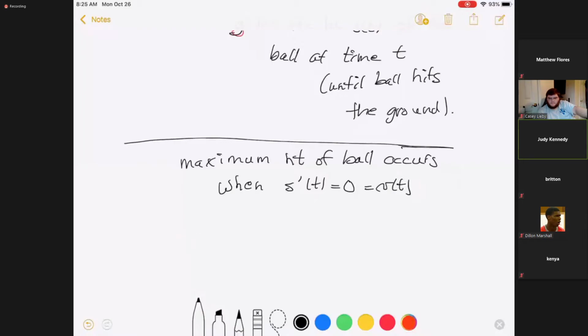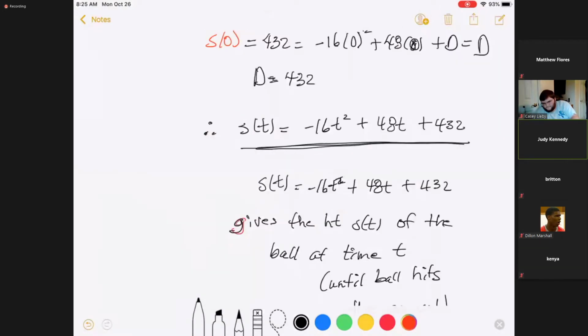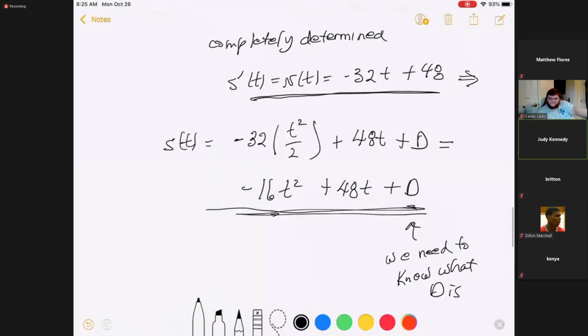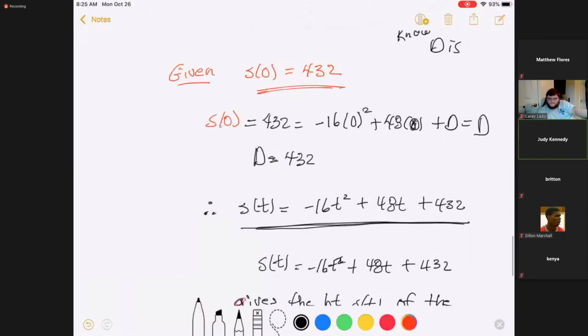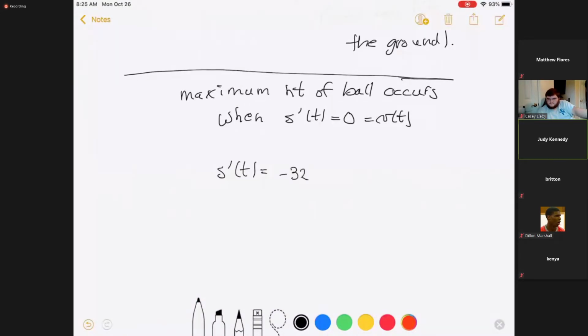So that means I want to set S prime equal to 0. Remember what S prime was: minus 32t plus 48, equal to 0.